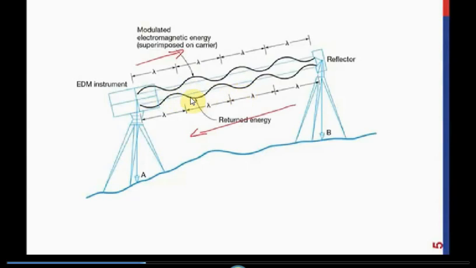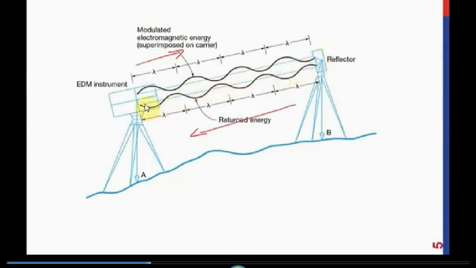That wave travels through air, hits the reflector, and comes back to the instrument. That's why in the time that is measured, the wave travels the distance 2 times. That's why time is t by 2.